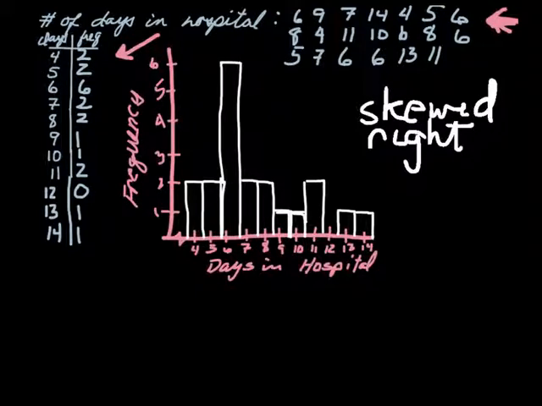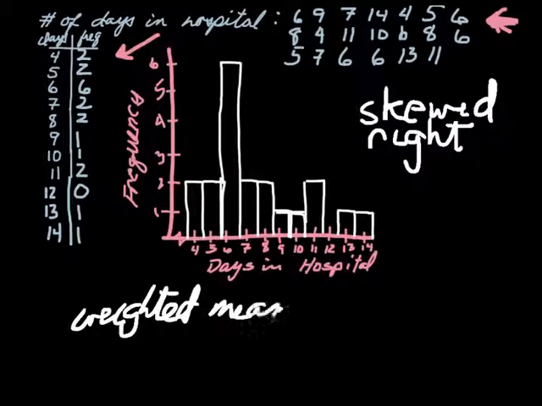And then what I'd like us to do is find the weighted mean. And once we find the weighted mean, then that would be all we need. So that's going to be x bar equals.